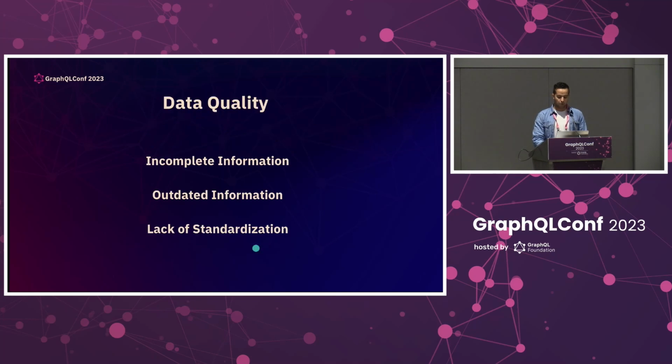When it comes to data quality, we have seen issues with REST APIs, with incomplete information, outdated information, and lack of standardization. For example, when we're training an AI model for an autonomous car, incomplete information comes when we fetch data about the location of the car, and we only receive the longitude instead of the longitude and the latitude as well.